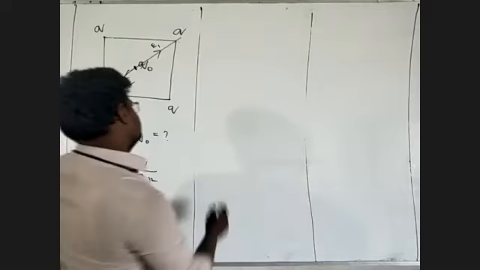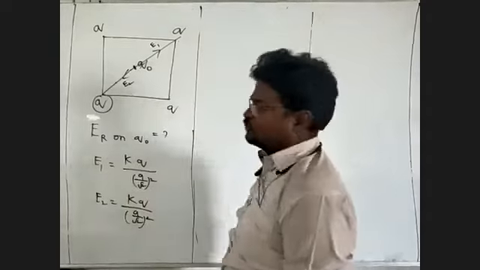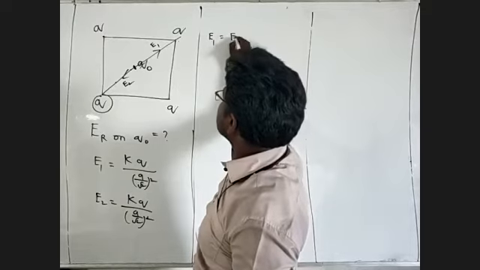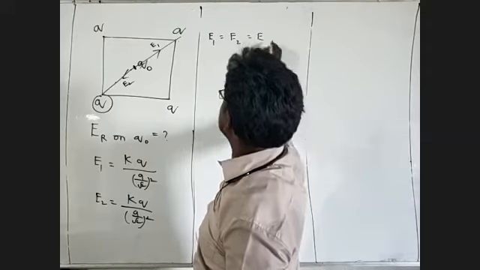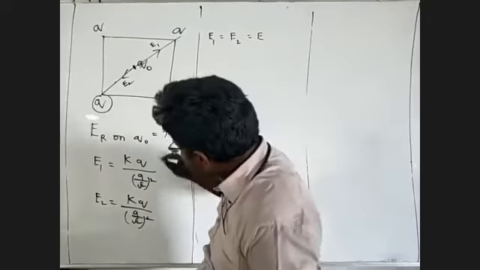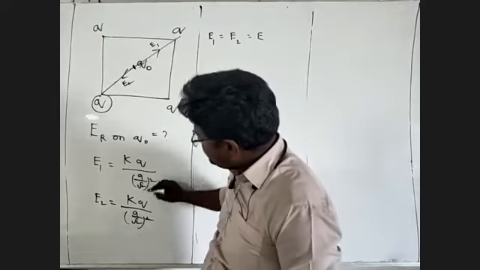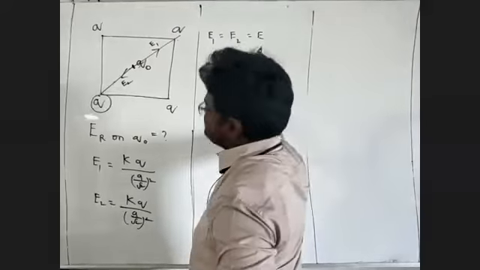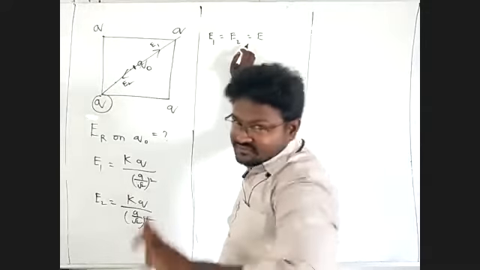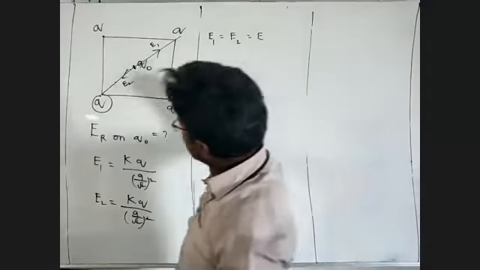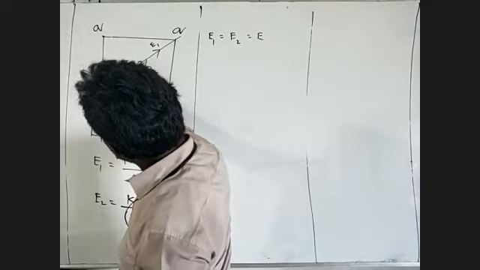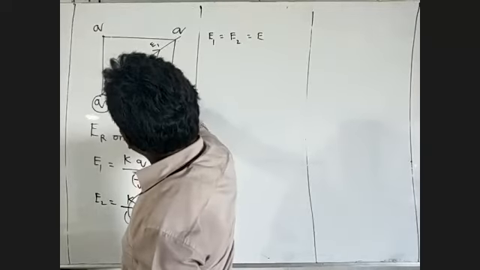You will see E1 and E2 both are the same magnitude, same value. E1 is equal to E2 is equal to, I'm going to write E, KQ by A by root 2 whole square. Both are the same values, and both are in opposite directions. E2 is in this direction, E1 is in the upward direction.